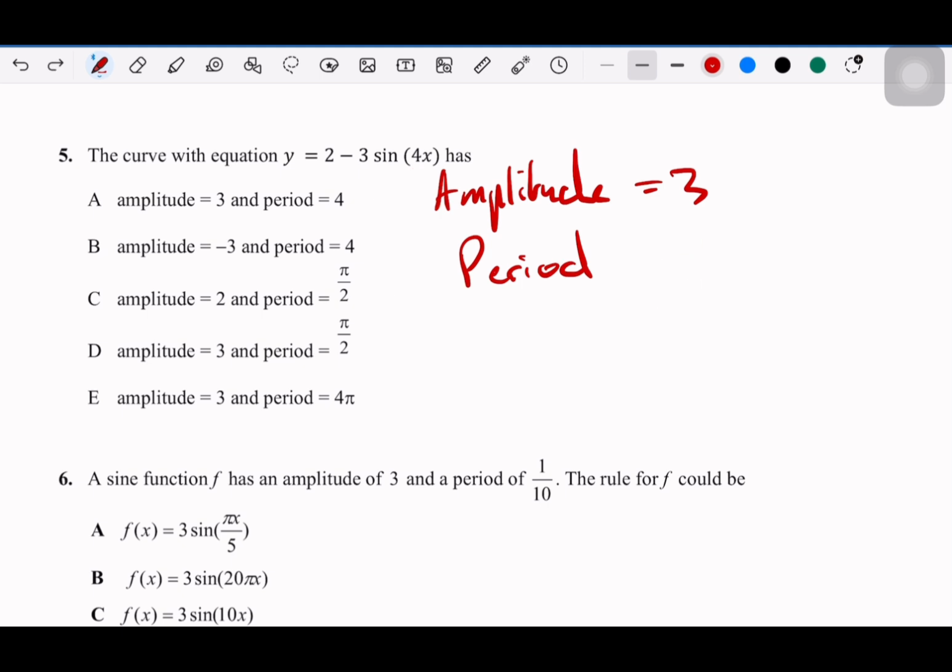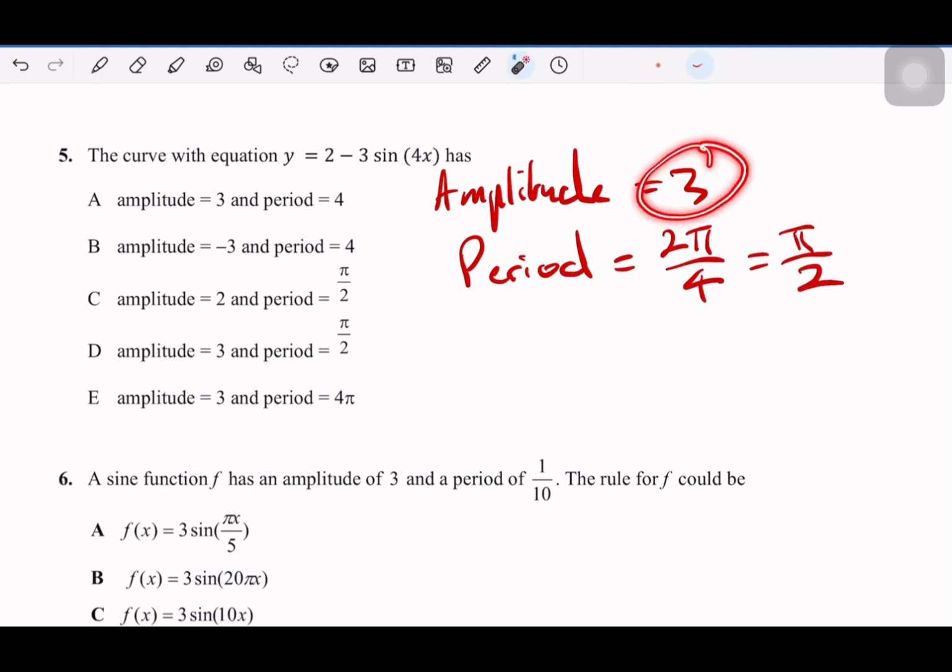But keep in mind that if you were to find the period of tan, it would be a little bit different. It's not the same formula. So 2 pi divided by 4 leaves us with pi over 2.